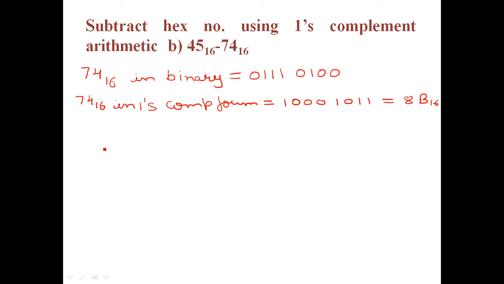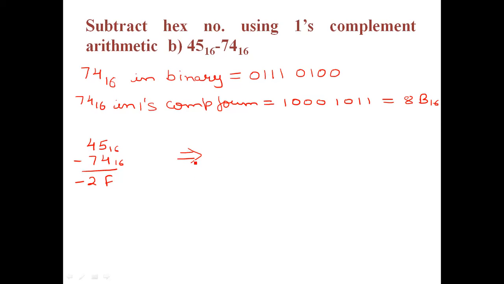So first we are doing normal subtraction. Then we are getting minus 2F. So we will subtract 74 from 45. So we are getting minus 2F.